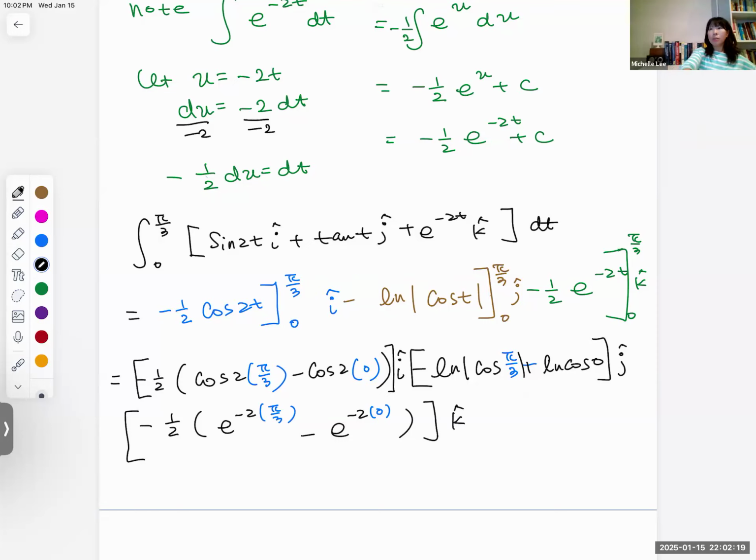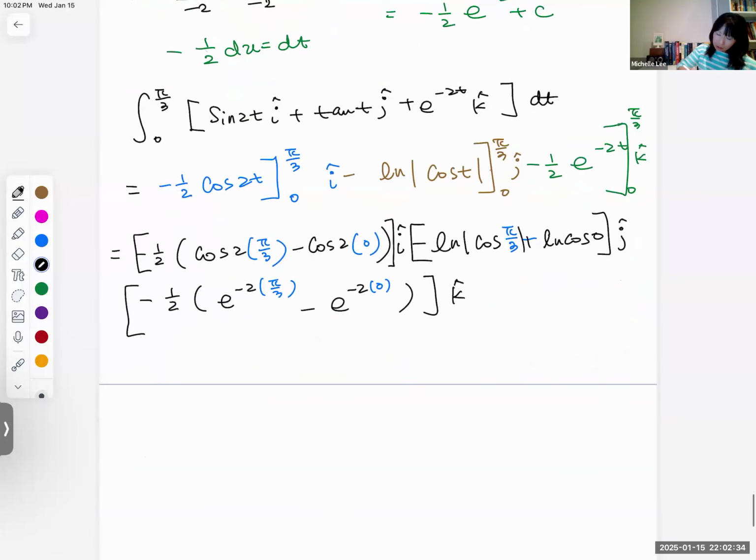Okay, so let's calculate. 2 pi over 3, right? Cosine 2 pi over 3, we get negative 1/2.